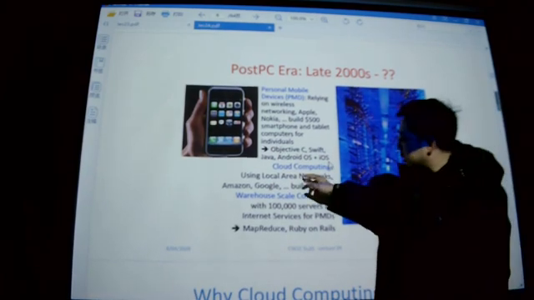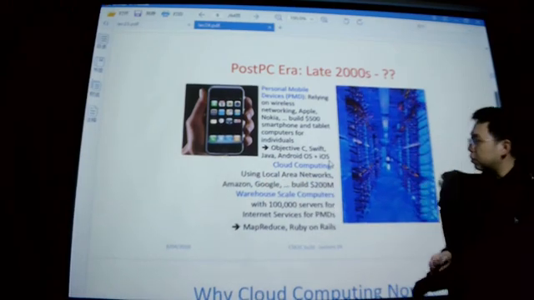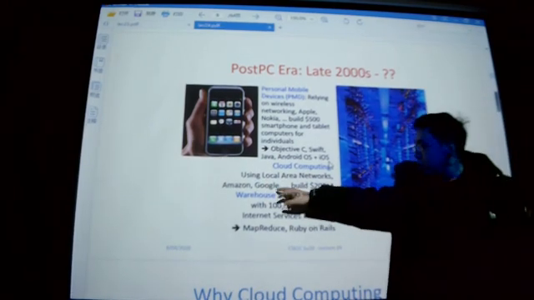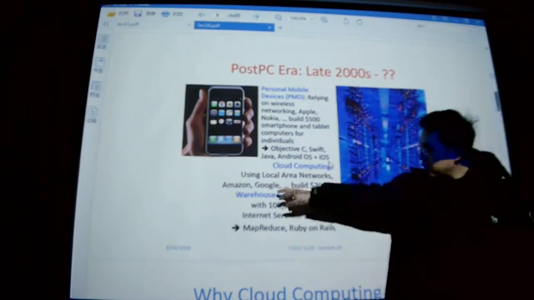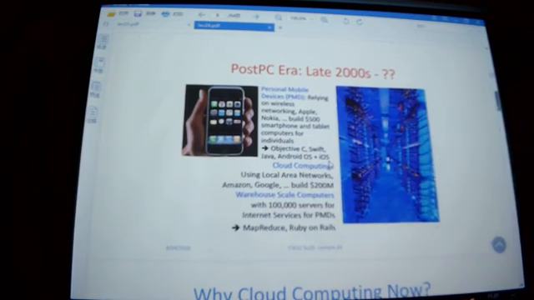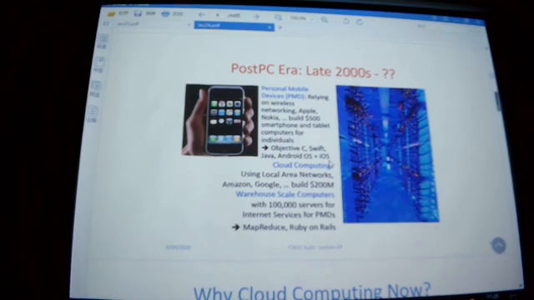Cloud computing using local area networks. Amazon, Google is a famous company in America. Amazon is for buying and buying. So Alibaba and Pinduoduo are the Chinese Amazon. Amazon was founded several years ago.